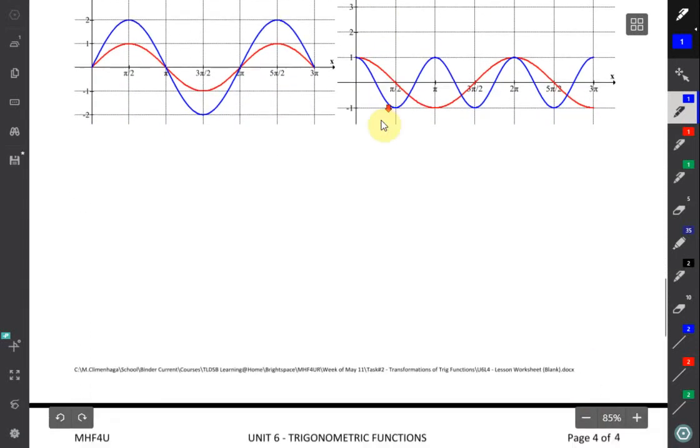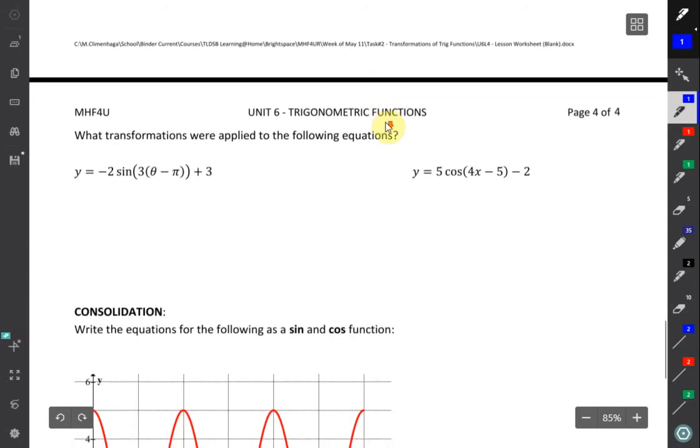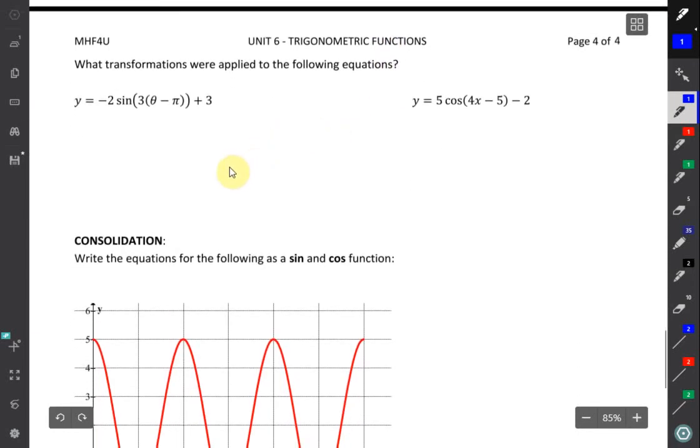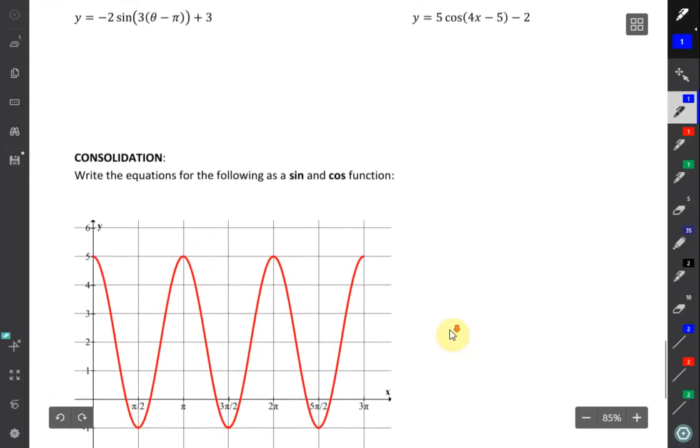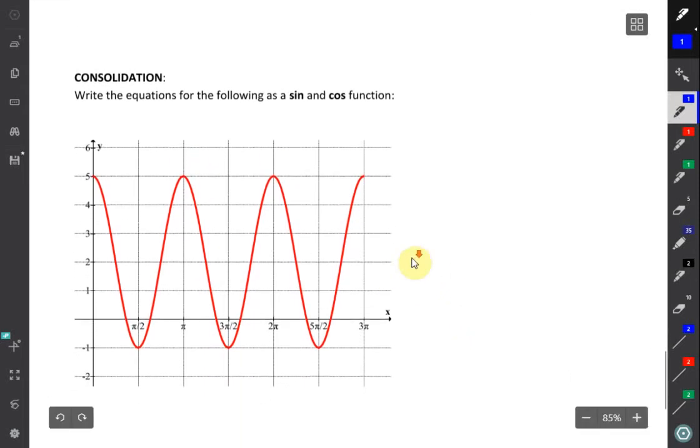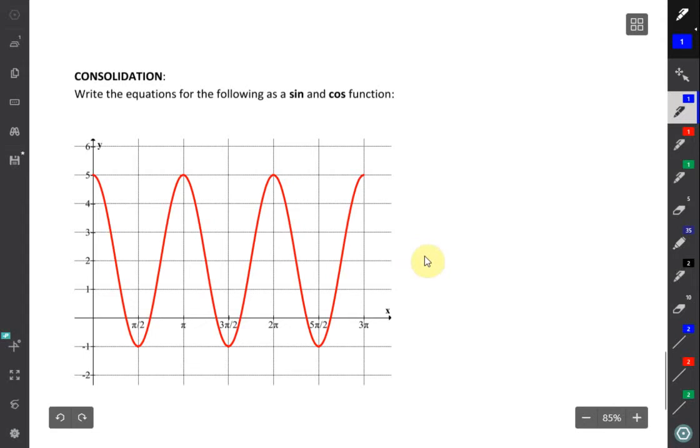Now what we can do is extend this to writing transformations and also then writing equations. And once again, I don't have an example of writing equation that I would necessarily do with you together because you did learn how to write equations in grade 11.